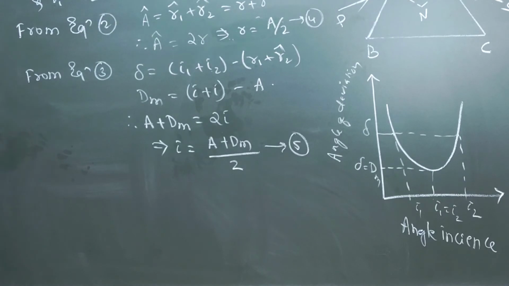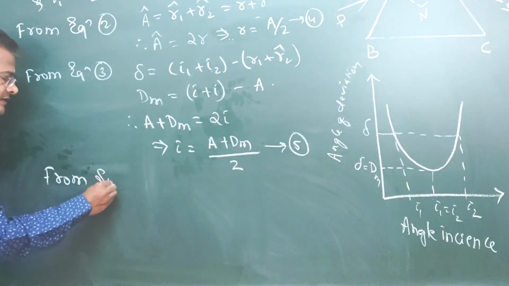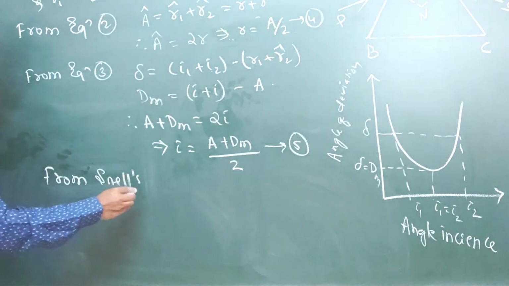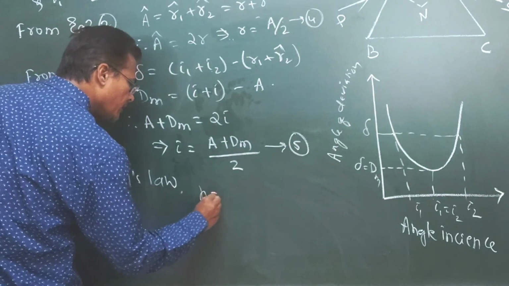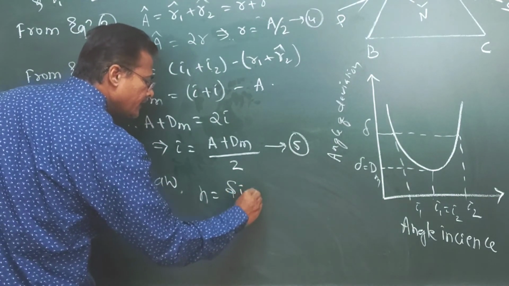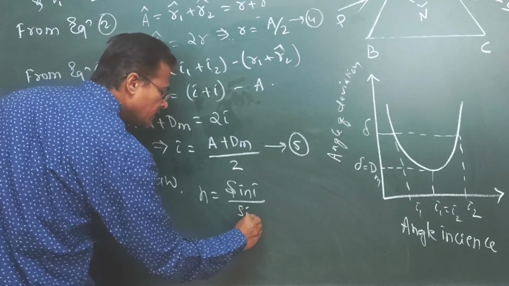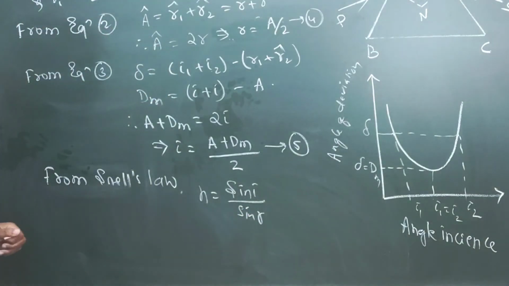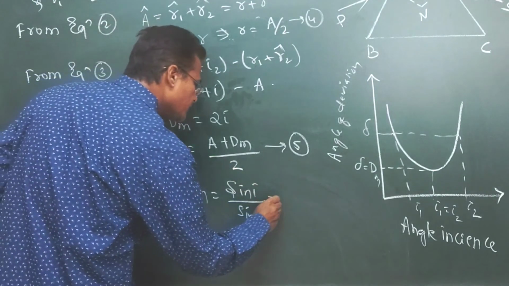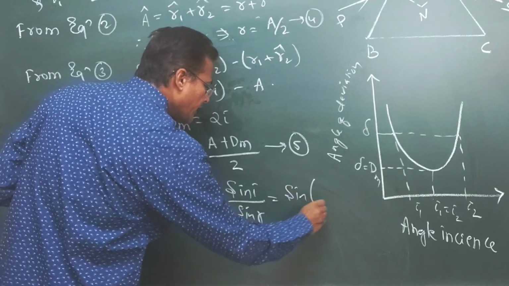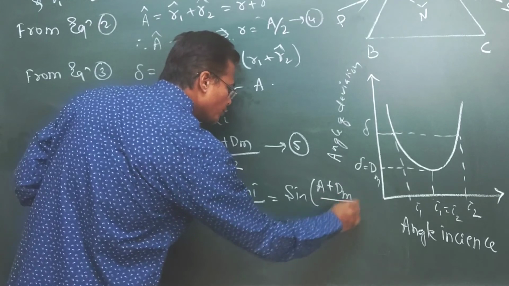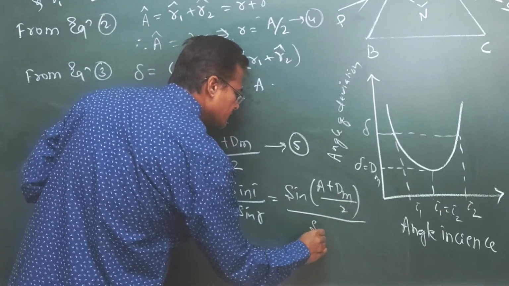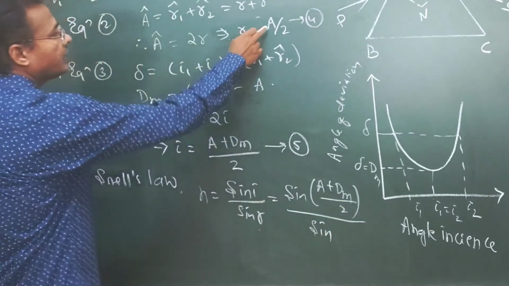Now from Snell's law, n equals sin I by sin R. Substituting the I value, sin I is sin of A plus dm by 2, whole divided by sin R, and the R value is A by 2.